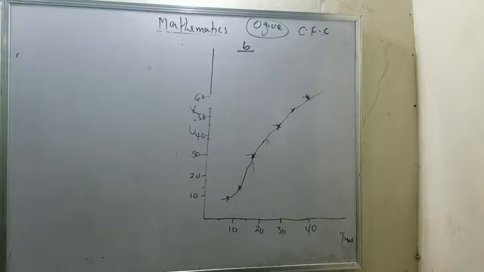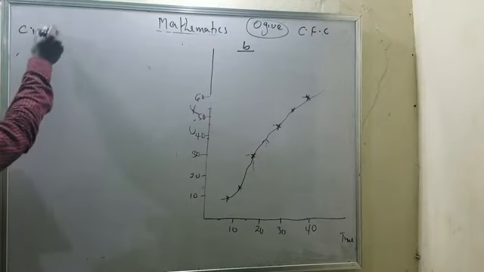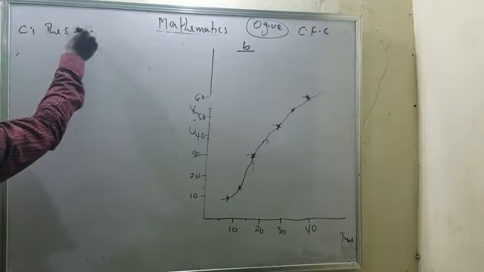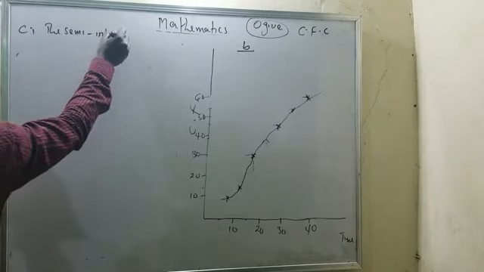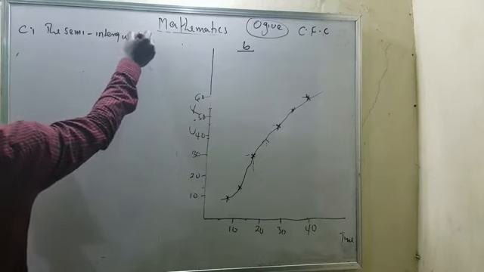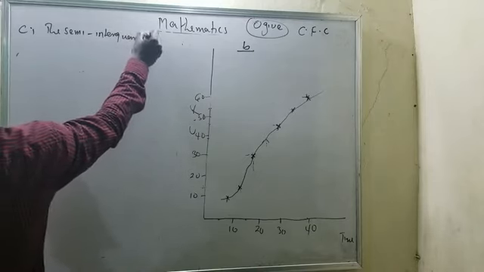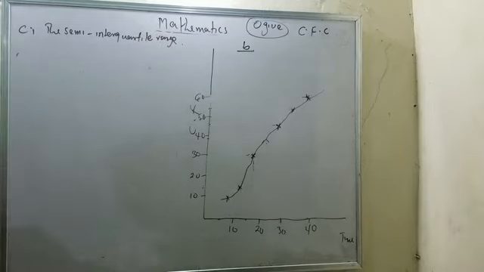Now, the first thing we have to do is look for part C(i), the semi-interquartile range of the distribution.